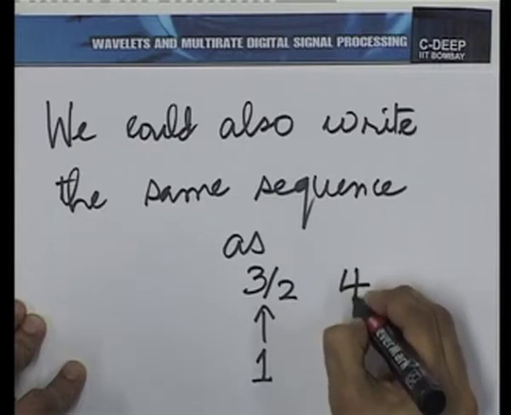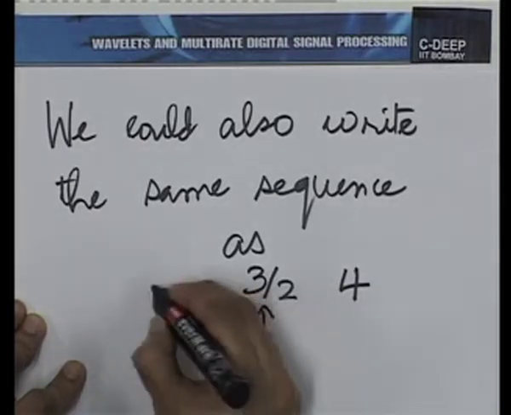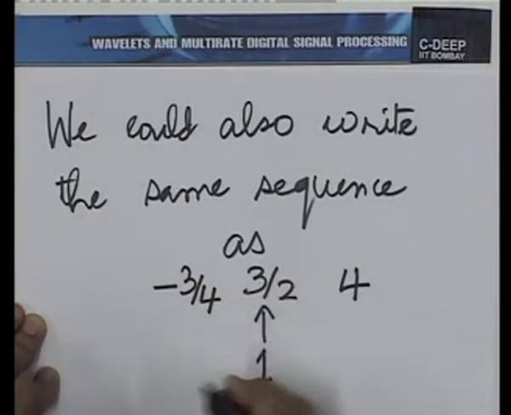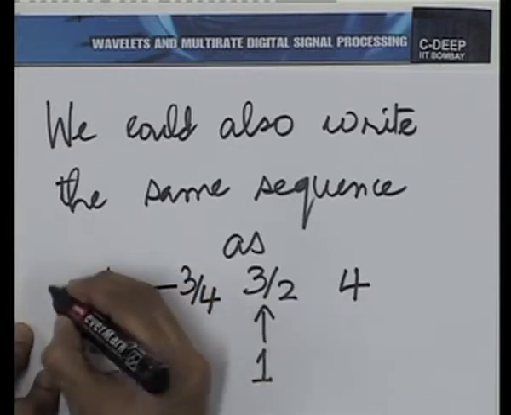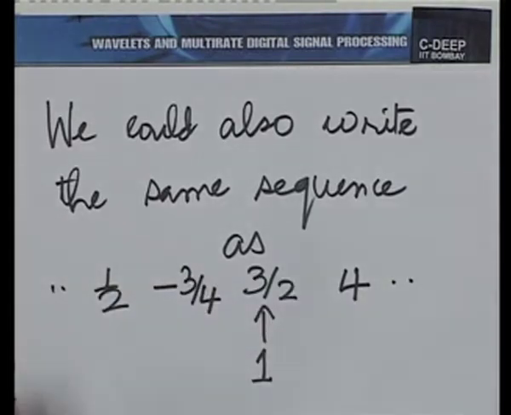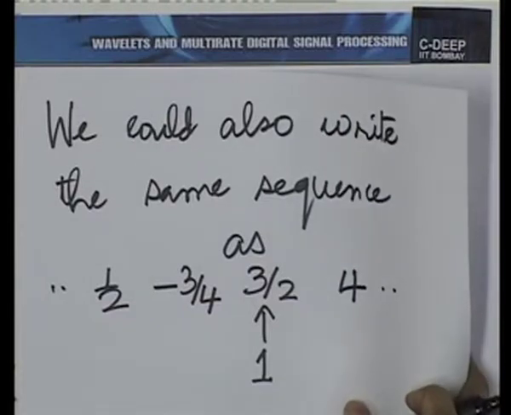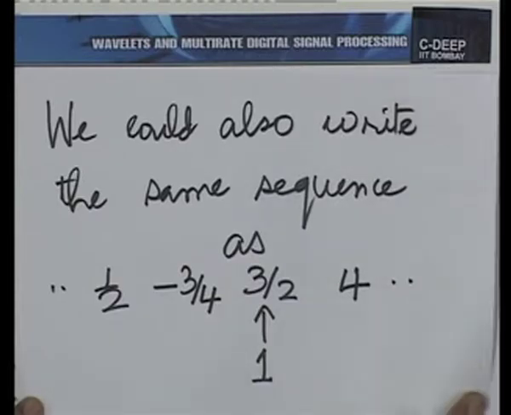And then the sample at point number 2 is 4, the sample at 0 is minus 3 by 4, the sample at minus 1 is half and so on. So, it is the same sequence written differently, just for some variety in notation. Sometimes we might prefer to do something like this.